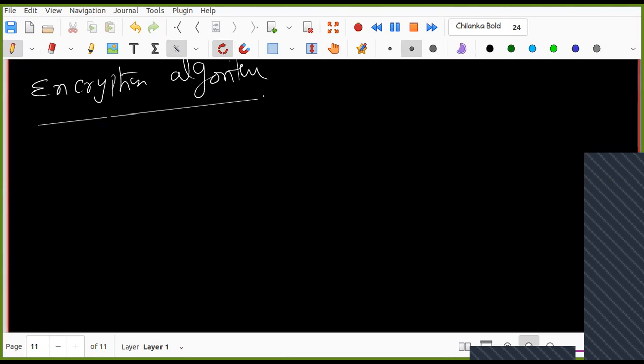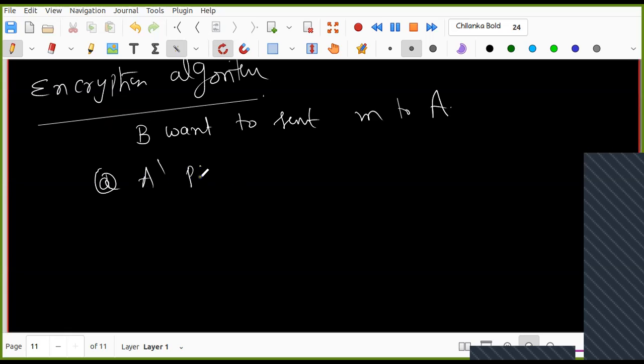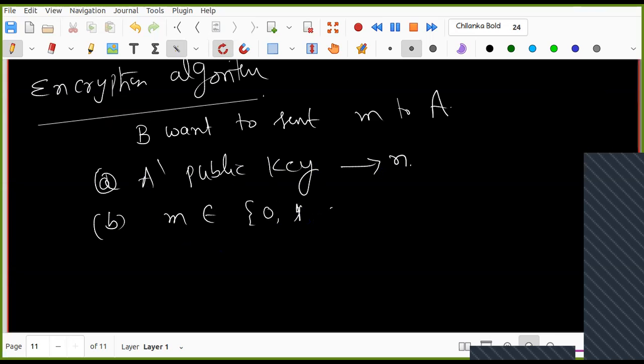B wants to send some message M to A. Obviously, step one is that she chooses A's public key, that is N. Next, B chooses M, where M belongs to 0, 1, up to N minus 1.